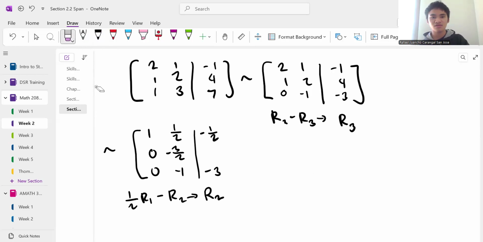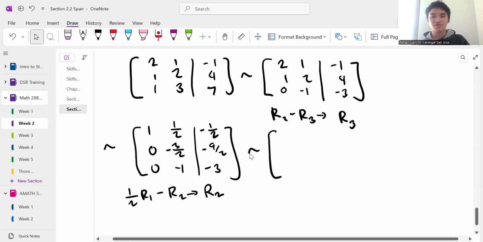And then, where is the one? Negative 1 half minus 4. 4 is 8 over 2. Minus 9 half, right? Okay, let me do an extra step here.